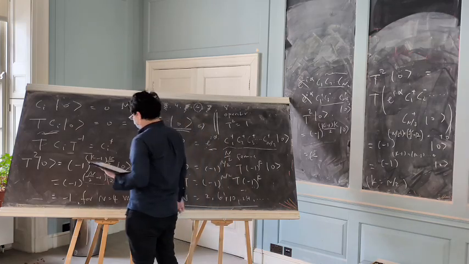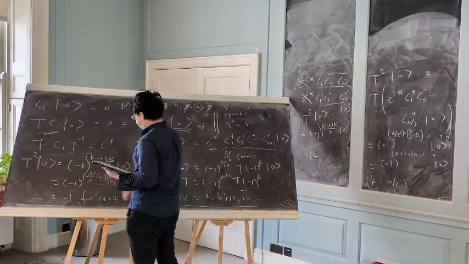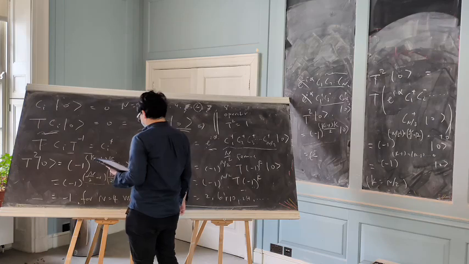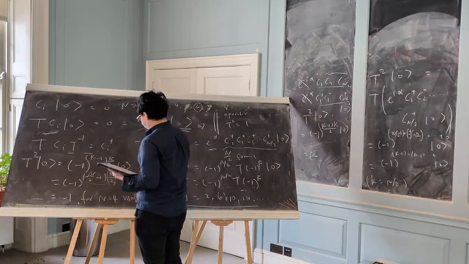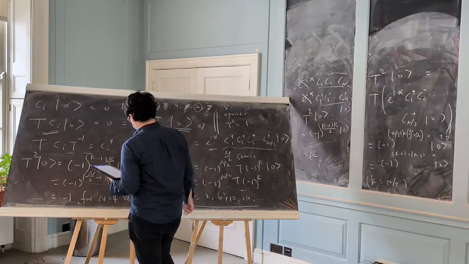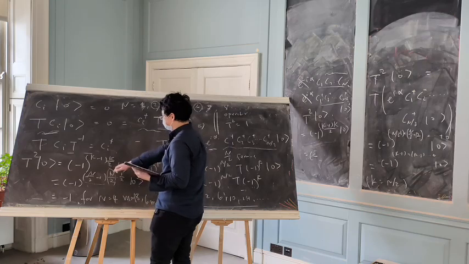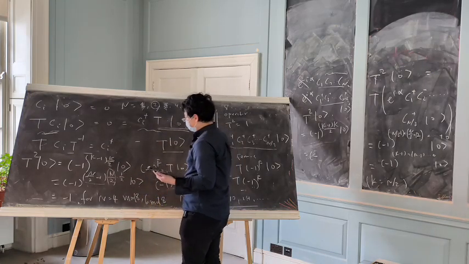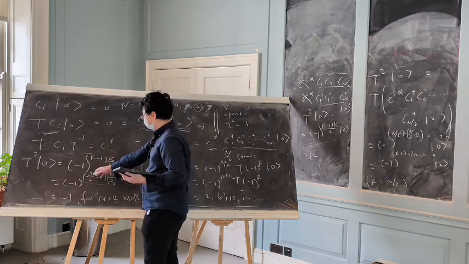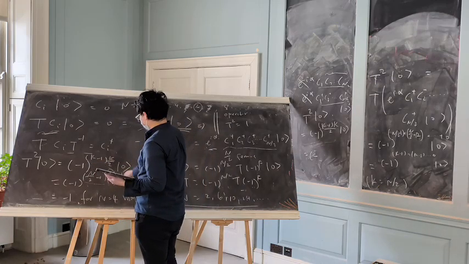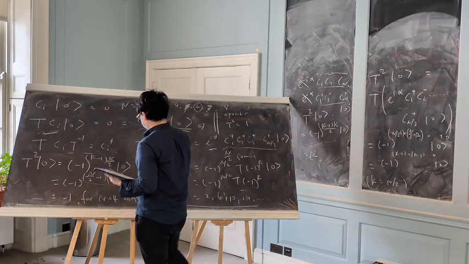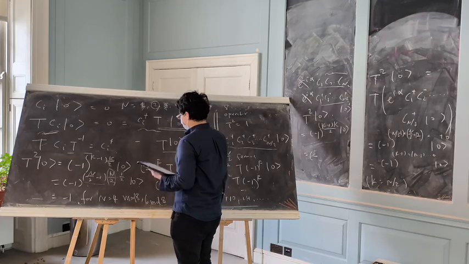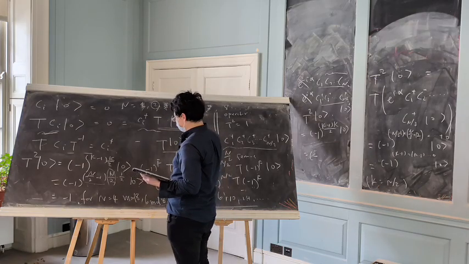For example, if n equal to 2, then n over 2 minus 1 is 1, and n over 2 is 2, and the 2 cancels out with the 1/2 here. So we got minus 1 to the 1, which is minus 1. Similarly, if n equal to 6, n over 2 minus 1 equals 2, which cancels with the half here, and n over 2 gives you 3. Again, it's an odd number, so we got a minus 1.